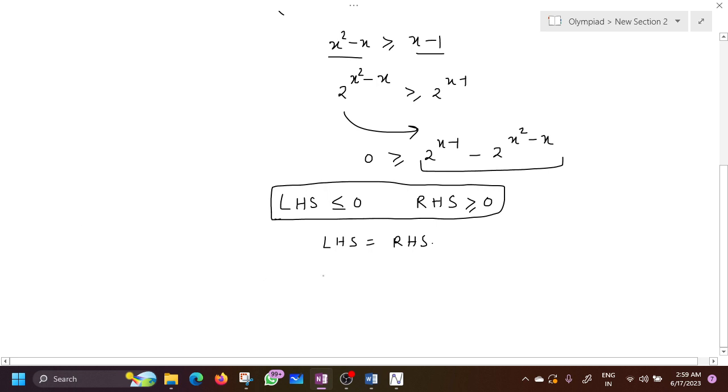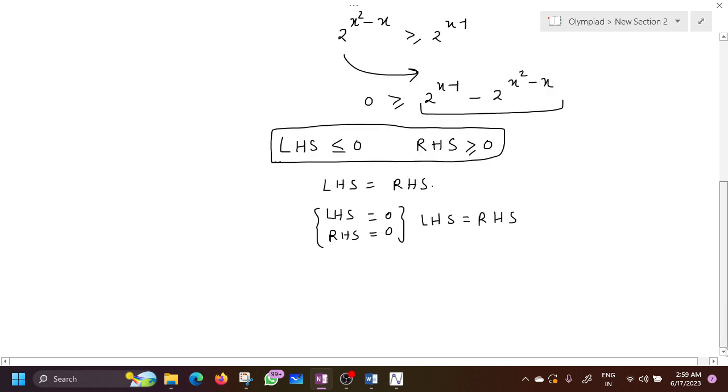So we can say the left hand side and right hand side must both be equal to 0 to satisfy the given equation. Only then will LHS be equal to RHS.